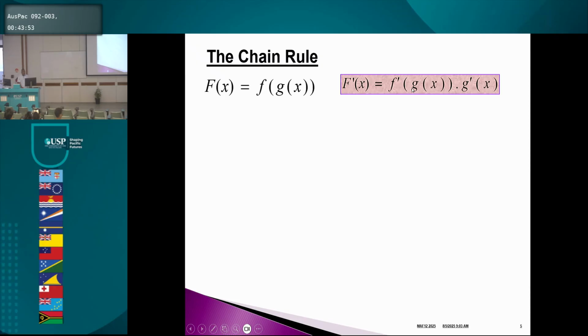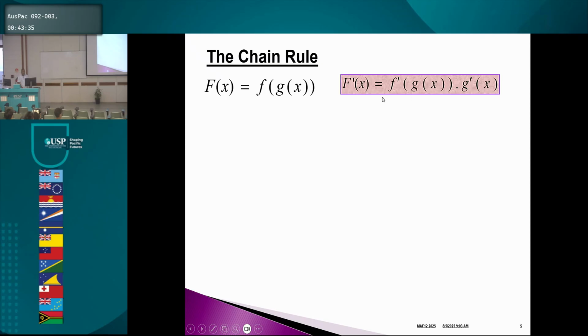The inner function remains unchanged. And then multiply by the derivative of the inner function. Let me say that again. Differentiate the outer. Leave the inner as it is. And then multiply by the derivative of the inner.